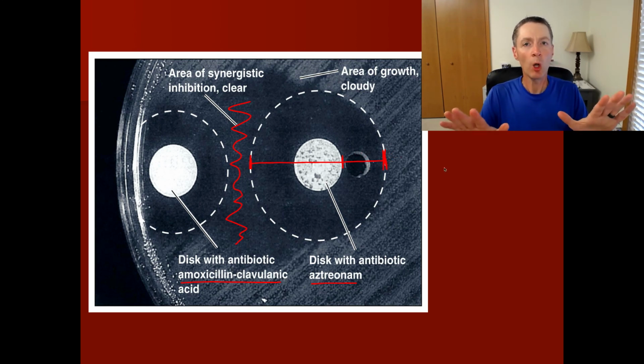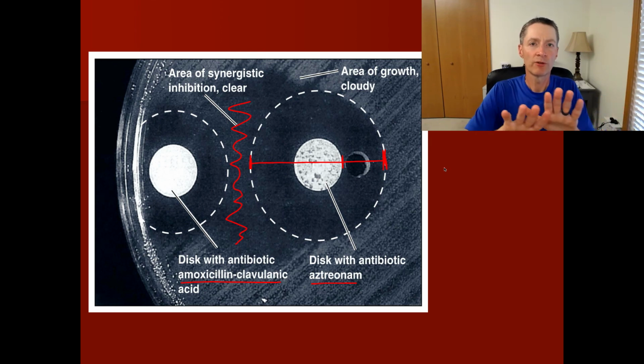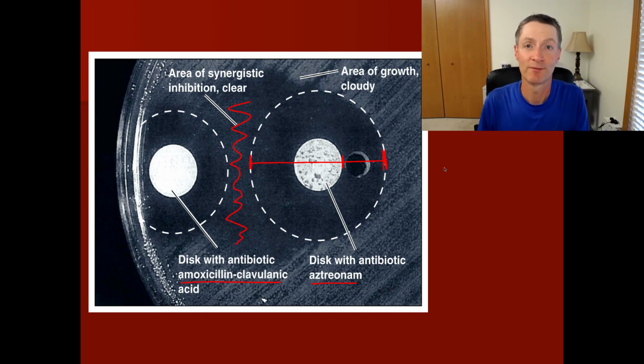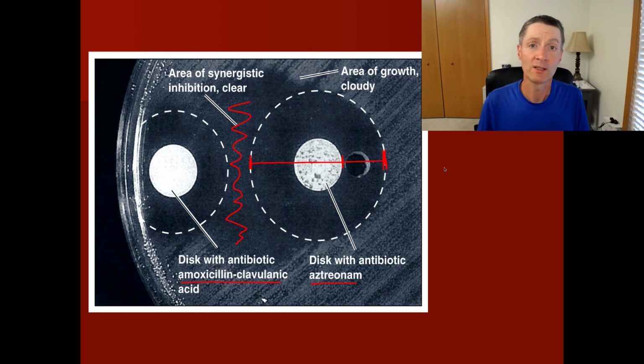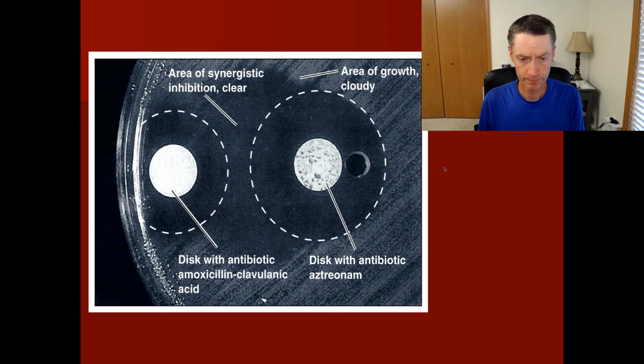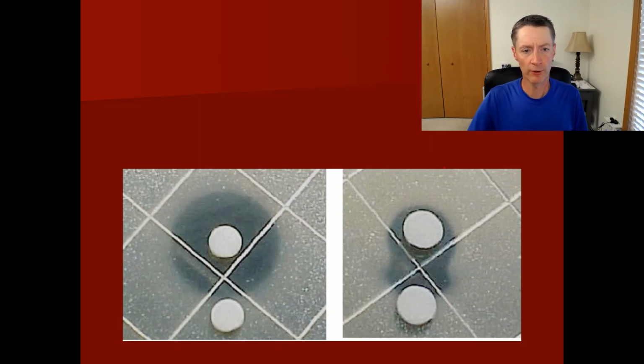The small concentration of the drug that seeped over there in between these two zones tells us there's a synergy. See? So there is actually a multiplied effect when they put these two drugs together, and I can actually test this in a laboratory.